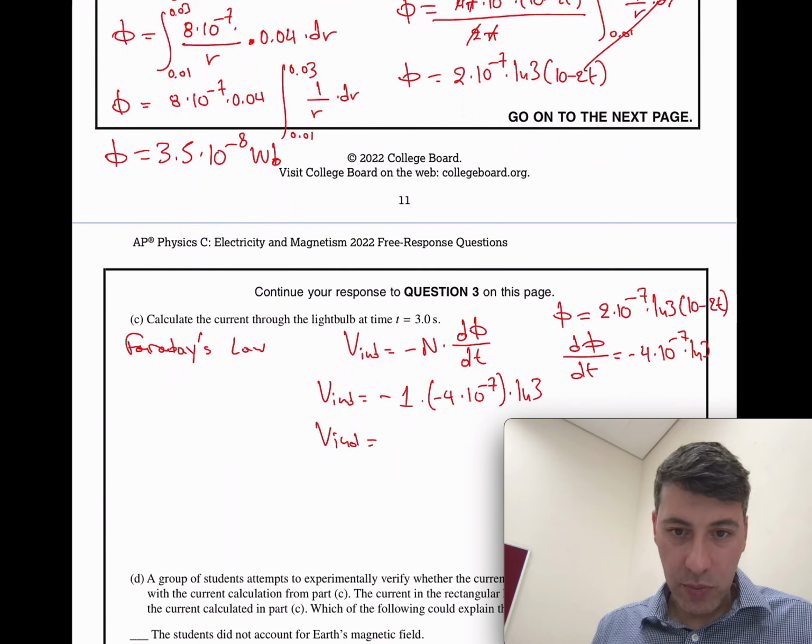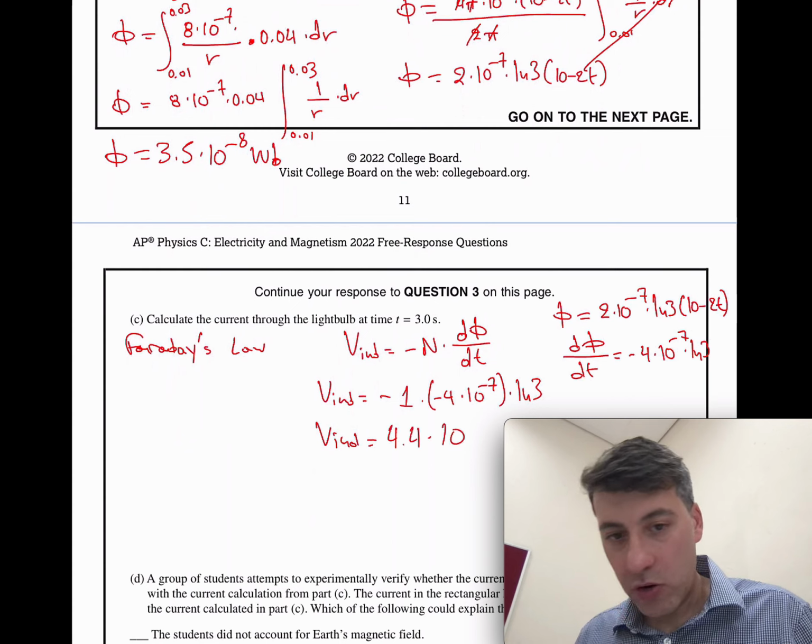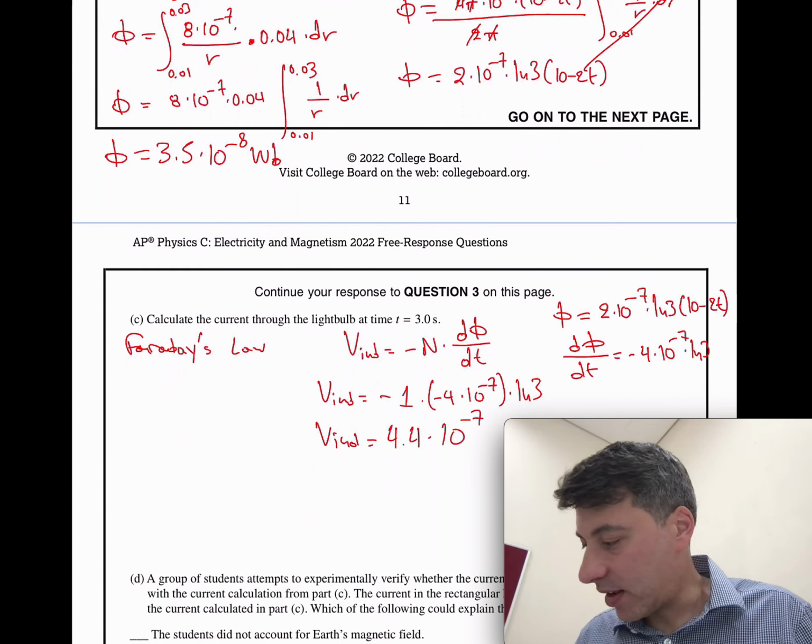So the induced EMF, give me a moment, 4 times ln of 3 brings 4.4 times 10 to the power of negative 7 volts, and we need to find the current.